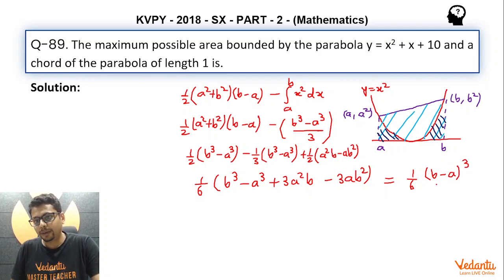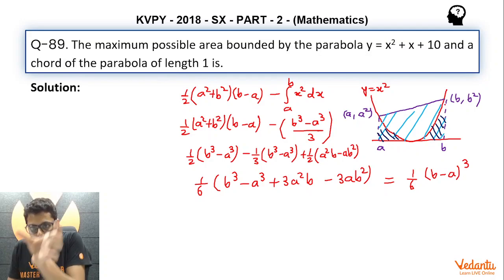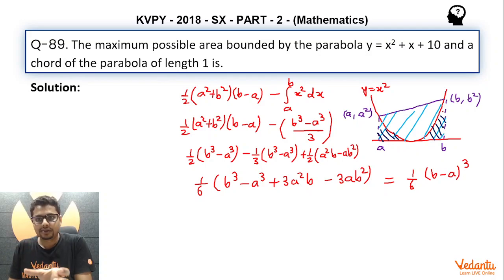Now for this to be maximum, b minus a should be maximum. Anyway, b we have taken as greater than a. And what is b minus a? If you see carefully, b minus a is the length of projection of this chord on the x-axis, and the length of the chord is 1. So what can be the maximum possible value of b minus a? 1.